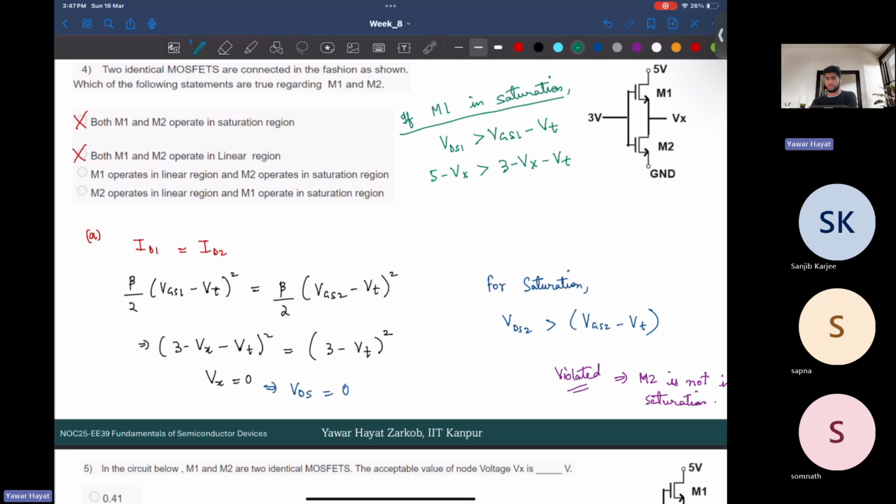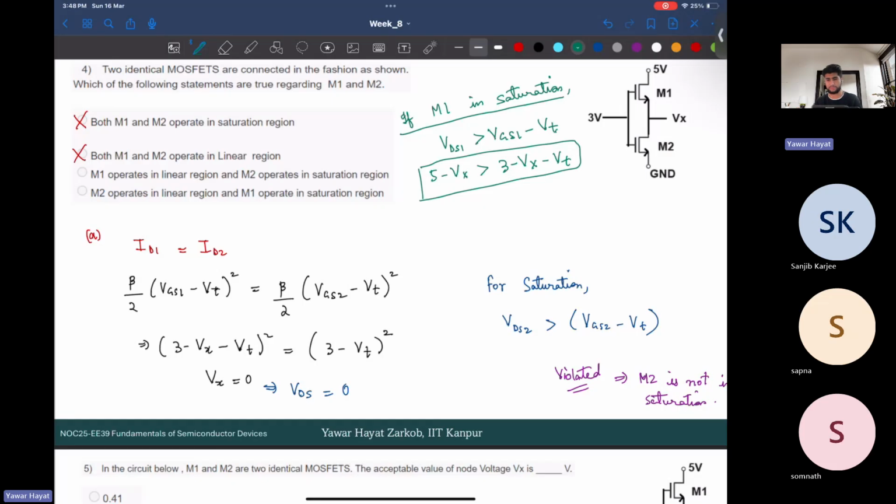So the point that I'm trying to make is, will this condition hold good for realistic values of Vx?